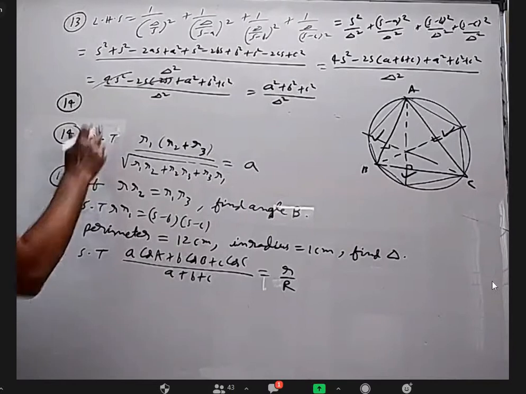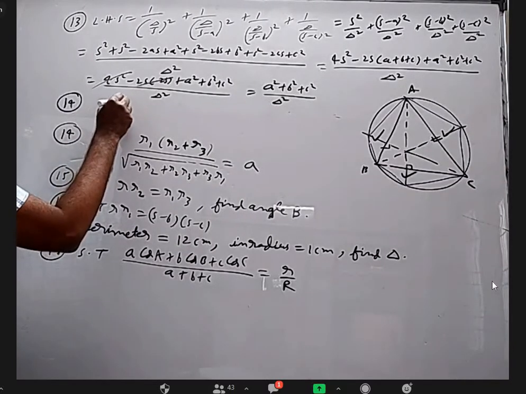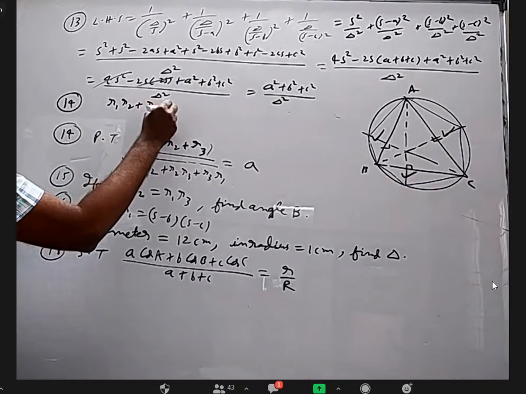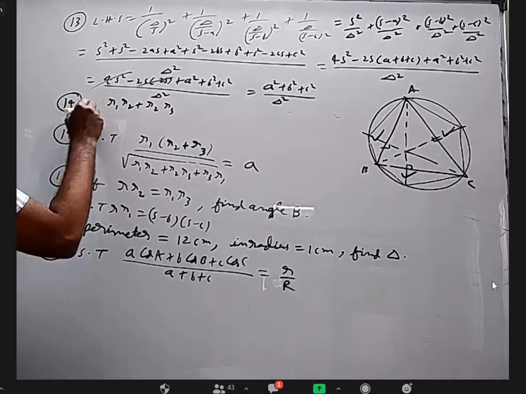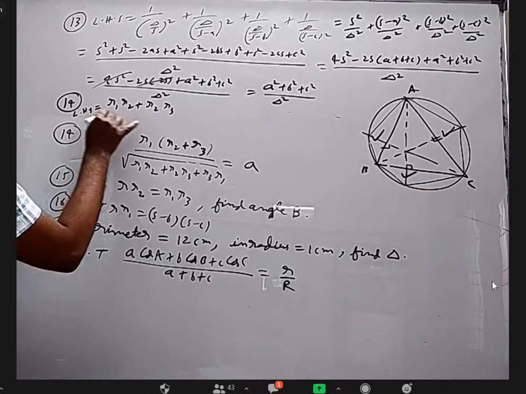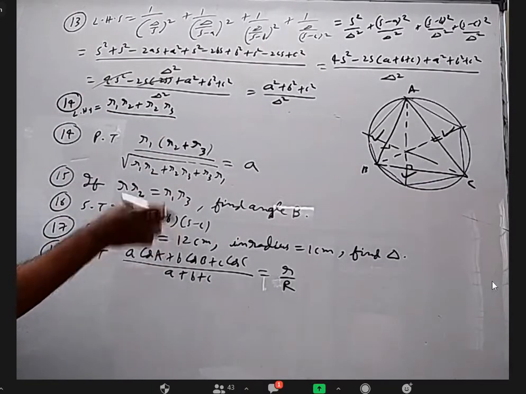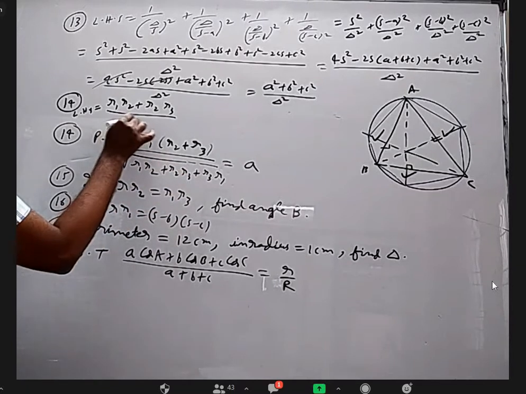Okay, 14: numerator I want to write R1 R2 plus R2 R3. Denominator, I am not repeating the whole solution, but we know it is a root S square.